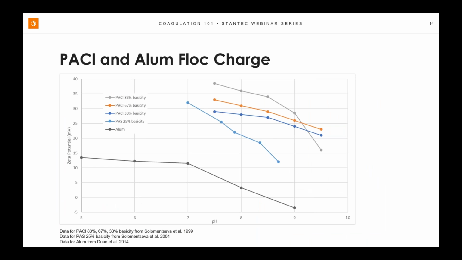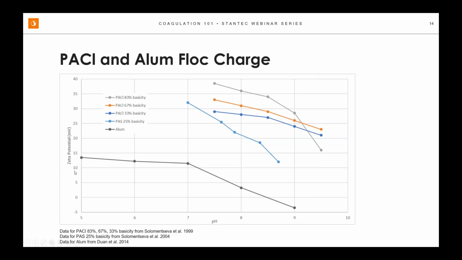Now, all of those graphs are good. This is the graph I like the best. I think it's the most useful. This shows us versus pH, the particle charge as measured by Zeta potential. So Zeta potential is just a lab technique that allows us to measure the charge on the flock particles or clay particles or anything.